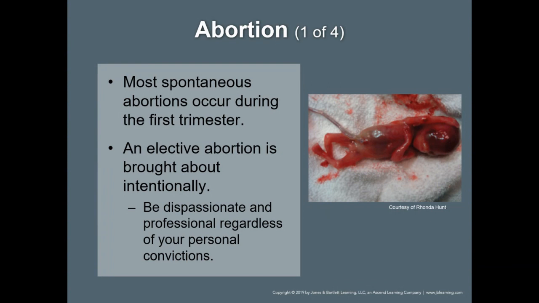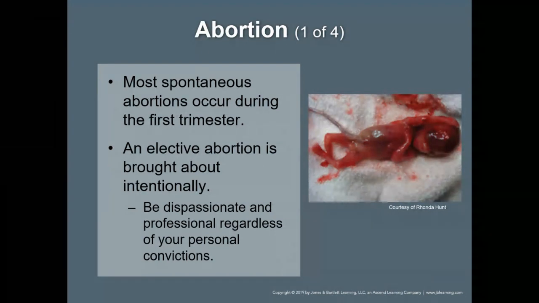Now, this is not to say that it does not happen electively, because somebody decided, look, I can't handle this and I don't want to be anybody's mama. Let's say that they did decide to have an abortion or they're having a miscarriage. Either way, our job is not to judge. If it was spontaneous, their body did it of its own volition.